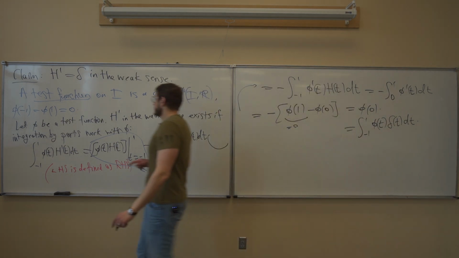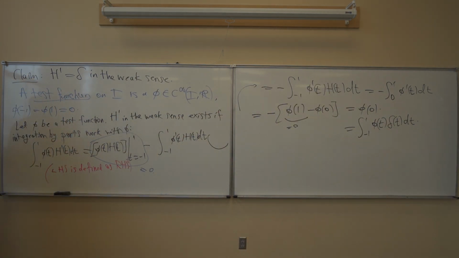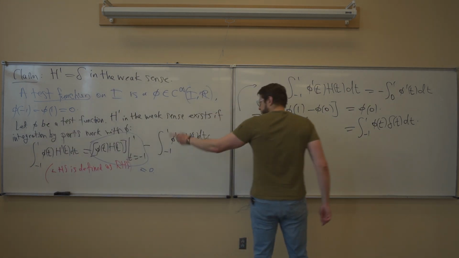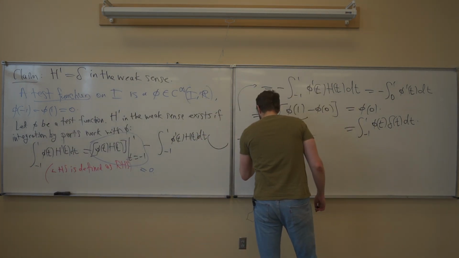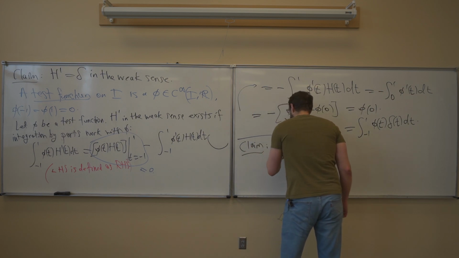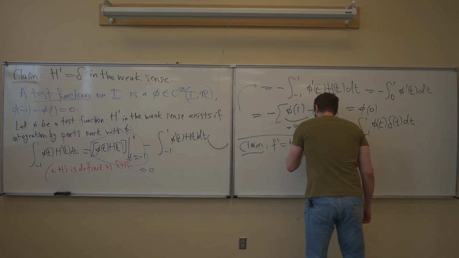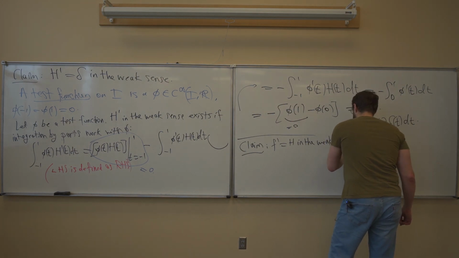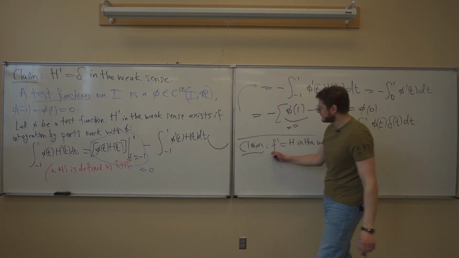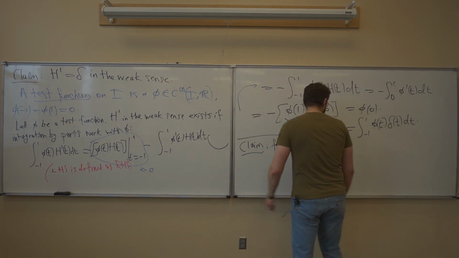Okay. Sorry, I wanted to differentiate f in the weak sense to get h. So let's do that first. I'm just going to do the same thing. f prime equals h in the weak sense. And so I need to start with this guy again. I take a test function.